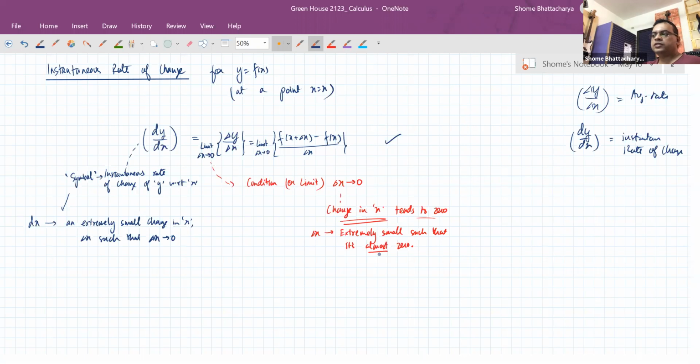Like infinity is something so large that we cannot define it by a number, so like that, tending to 0 is so small that we cannot define it by some number. If you say 10 raised to minus 50, that's also a finite defined number, so it should be infinitely small compared to that also.